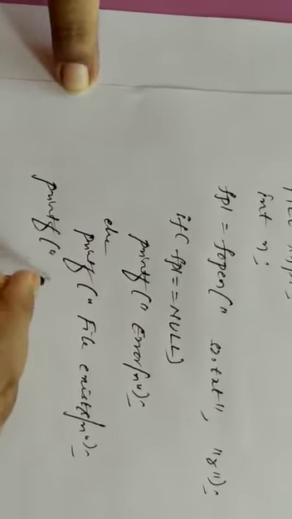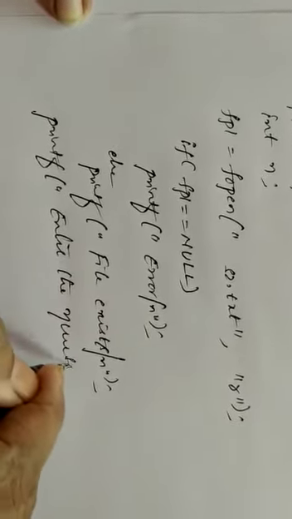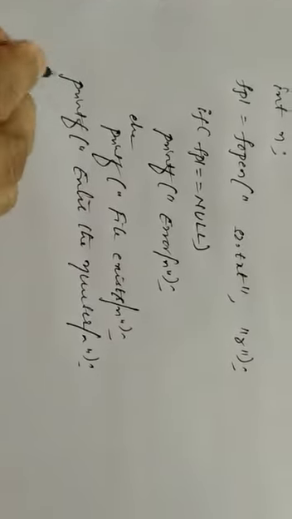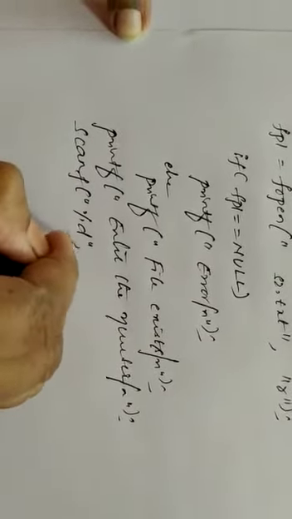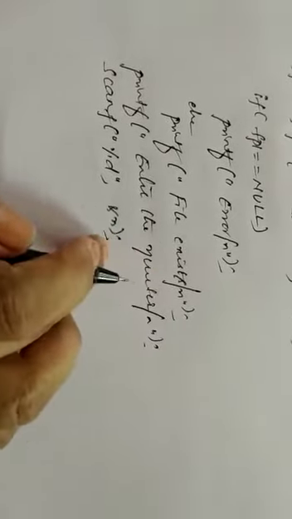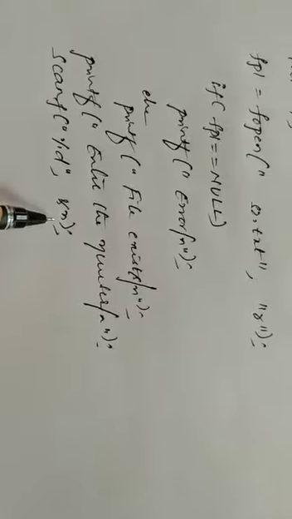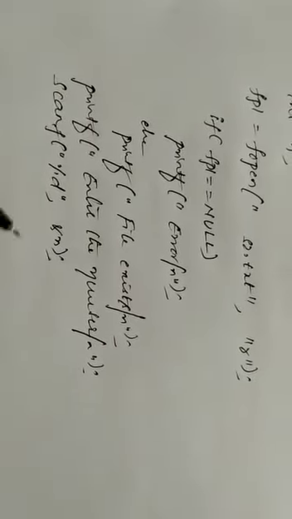And one more thing, printf enter the number, %d, ampersand n. The user is going to read a number through the keyboard, and using fprintf the content whatever is stored, you are going to display from the file.